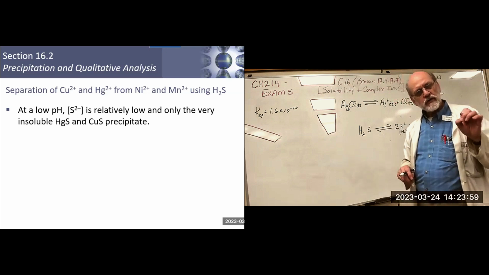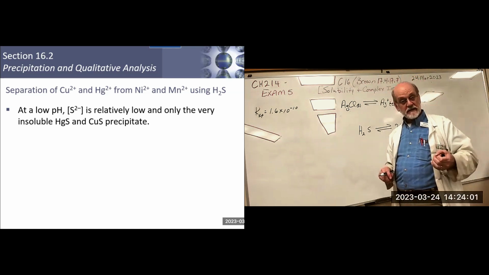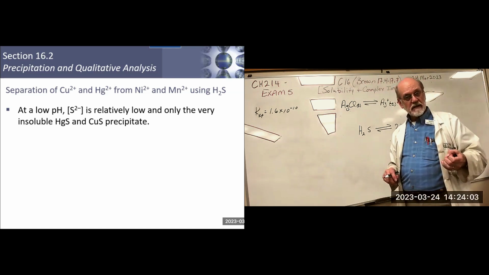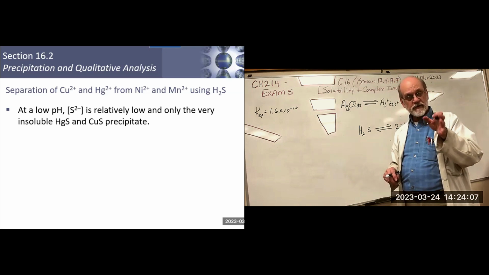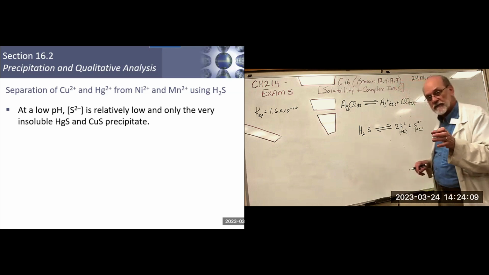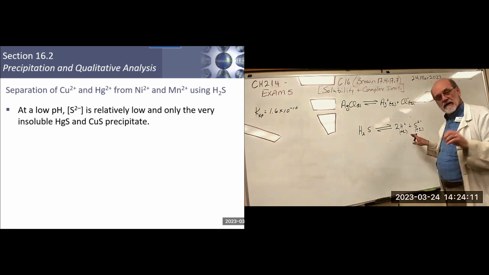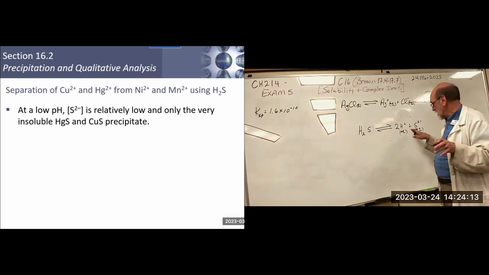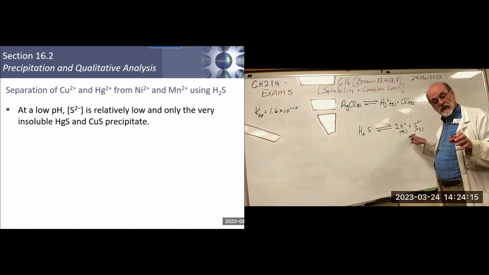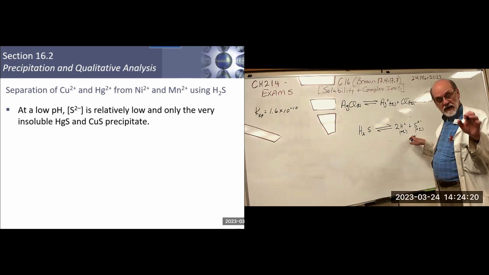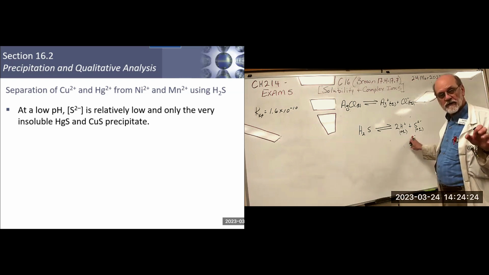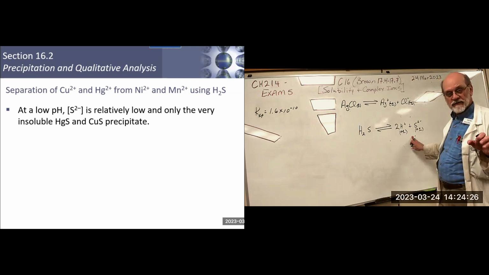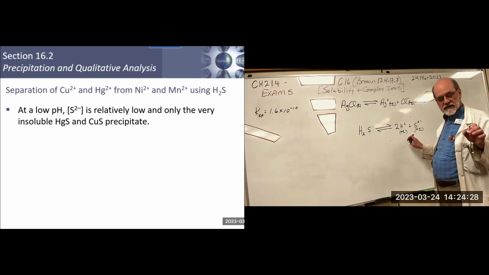If we want to precipitate one or more of those ions from solution, what we need to do is guarantee that there's not much sulfide in solution to react with, say, mercury and copper. Mercury 2 sulfide and copper 2 sulfide are very, very insoluble.